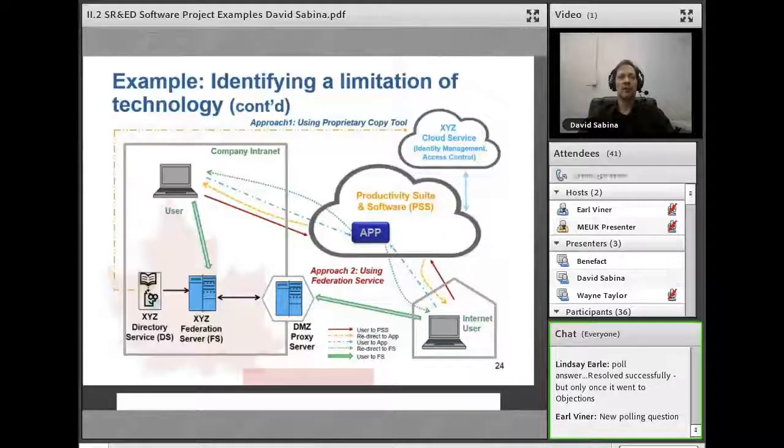A packet sniffing tool was set up to capture and analyze the user browser network traffic and log in attempts. Cloud Directory Service was populated with user objects from a local directory service using a proprietary synchronization tool in its approach. Okay?